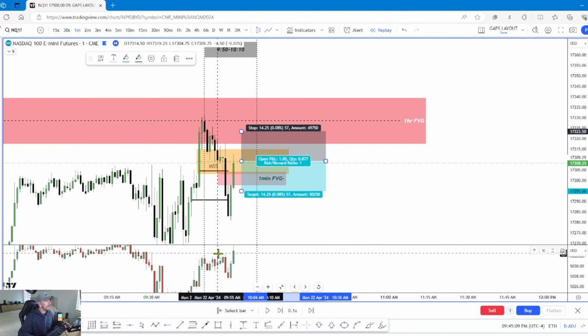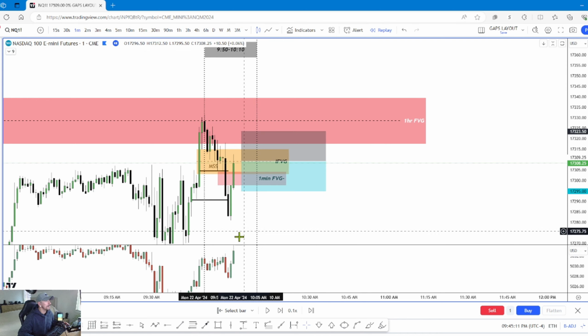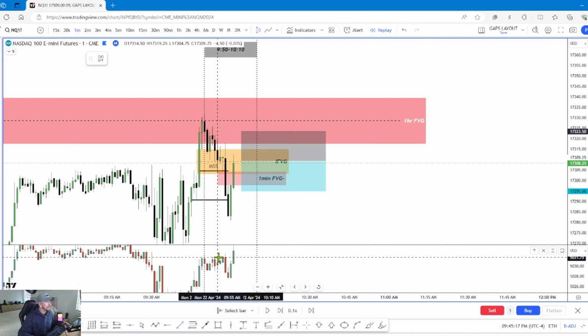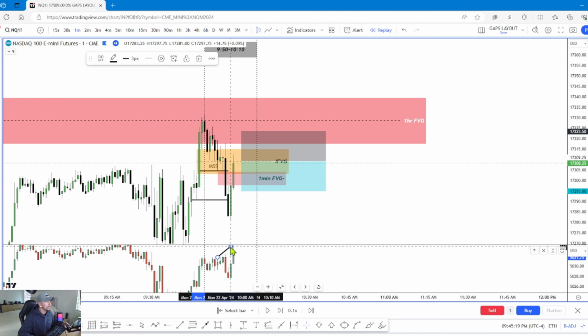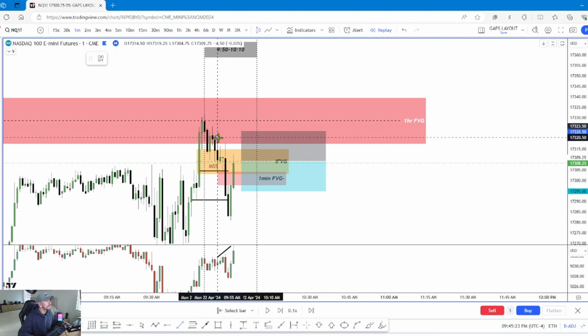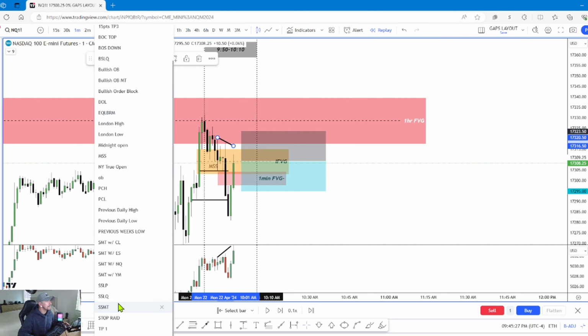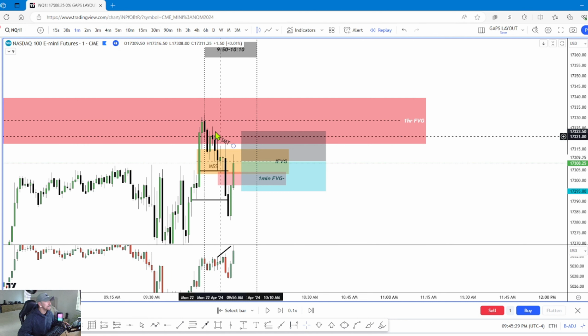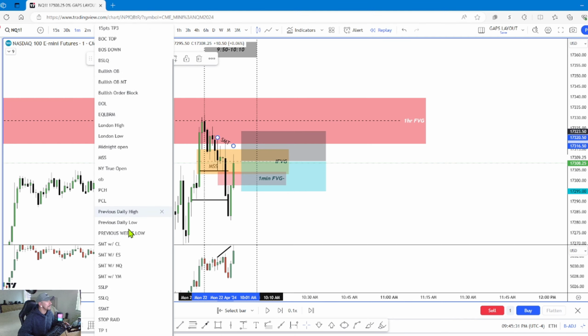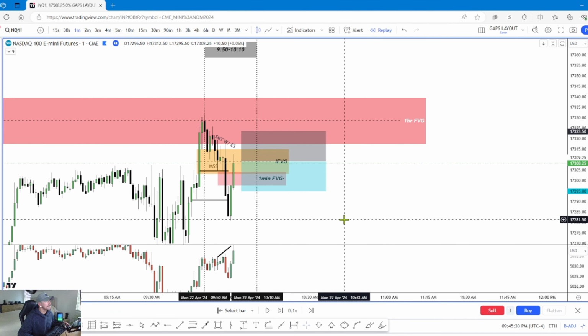We also have SMT here with ES. If you notice, ES has taken these highs where NQ has failed to take that high. So we have SMT here with ES.